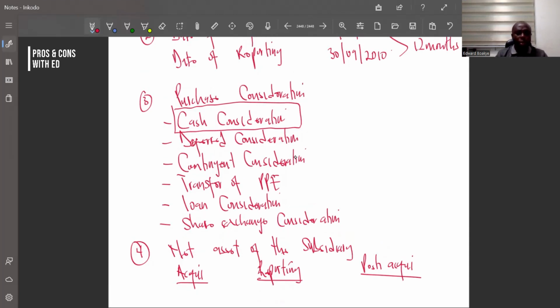Now, what we should have in mind is that when we talk about net assets, it can be their total equity less liabilities, or we can say total asset less liabilities. In consolidation, normally we are going to use the equity section.